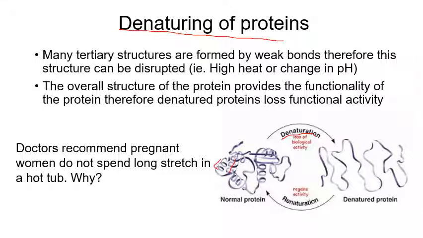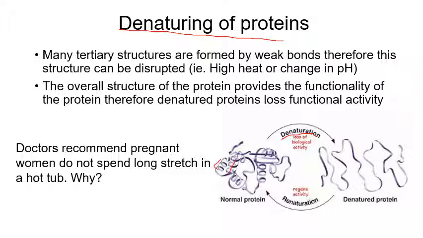One way is high heat. High heat will unfold this protein. Also, changes in pH. To get proper folding, these proteins need to have a proper pH. The pH can disrupt the bondings between those R groups or the hydrogen bonding.